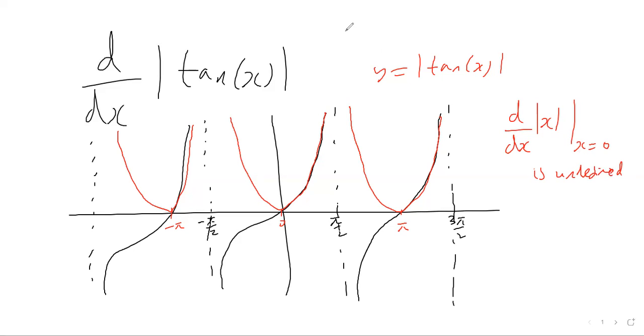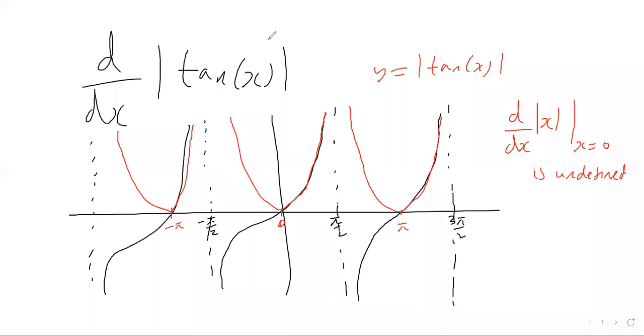So therefore, we can't differentiate the modulus of tan x at these multiples of pi, and of course we can't differentiate at these odd multiples of pi over 2 either. So we actually can't differentiate this function at any multiple of pi over 2.